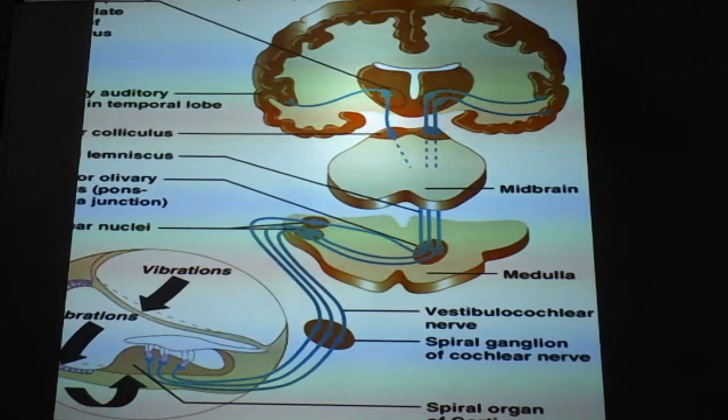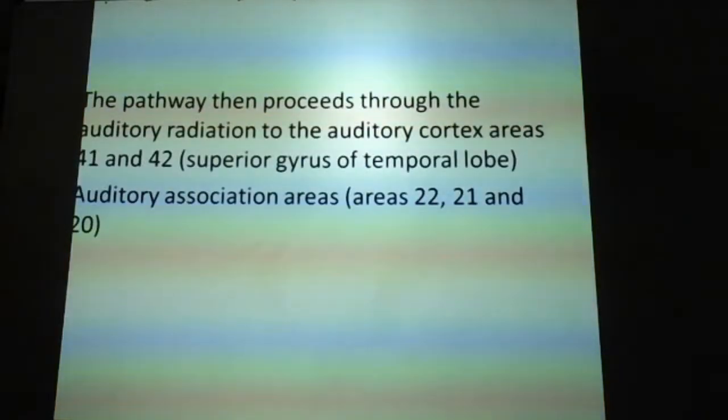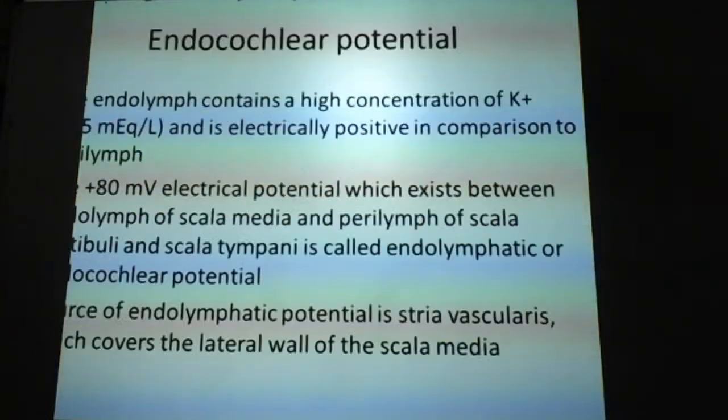Then it goes on as radiation to the primary auditory cortex, and also to the auditory association areas 20, 21, 22.